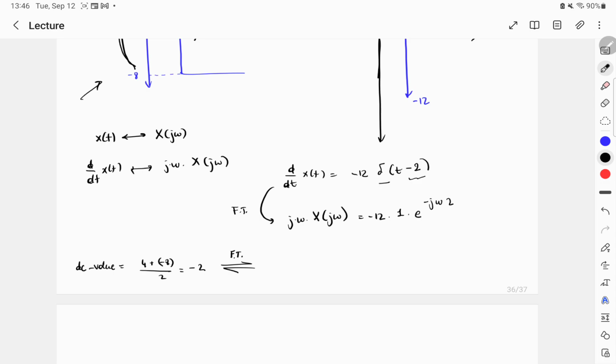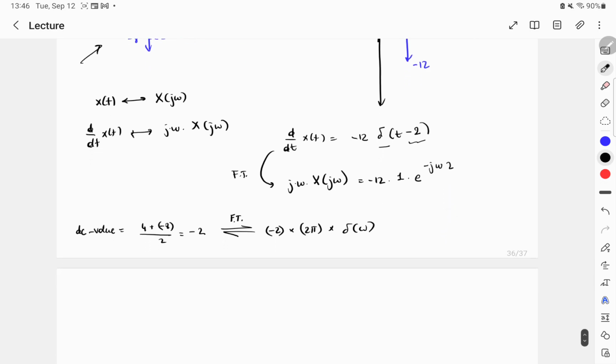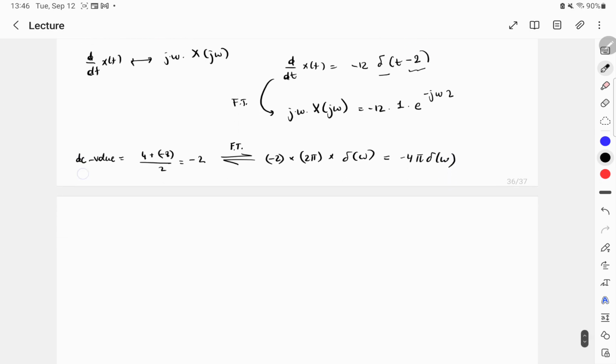We can just use our previous knowledge: the Fourier transform of a constant was the constant itself times 2 pi times delta function in the frequency domain. So its Fourier transform is basically minus 4 pi delta omega.